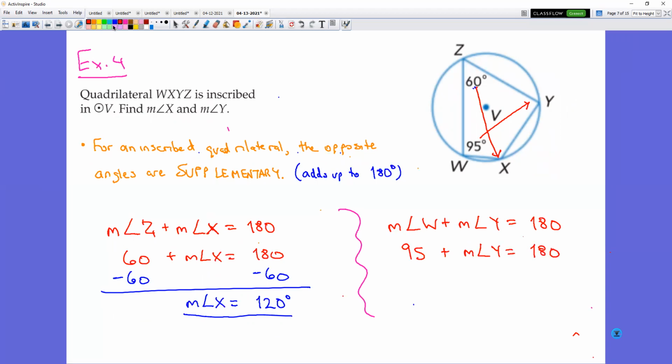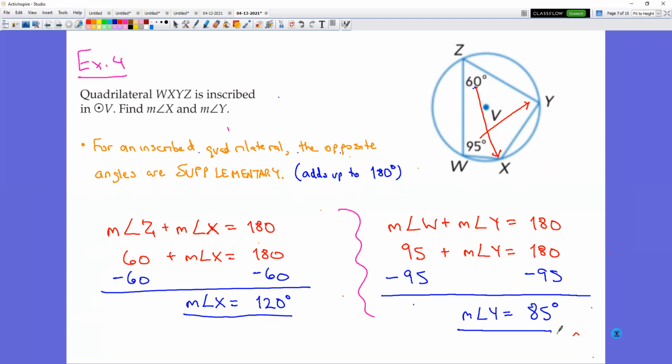And then you're going to subtract 95 on each side. And so 180 minus 95 is going to be 85. So therefore, the measurement of angle Y is going to be 85 degrees. And so therefore, we have found the measurement of both angles, X and Y.